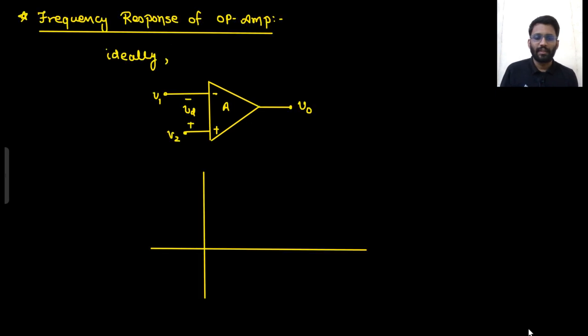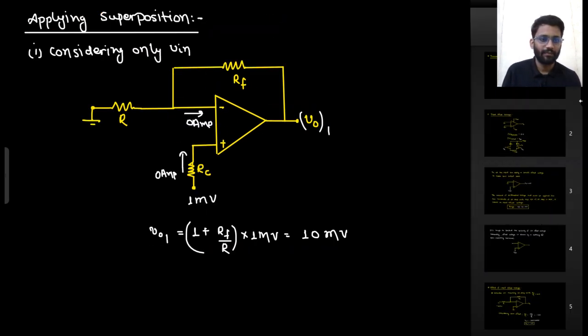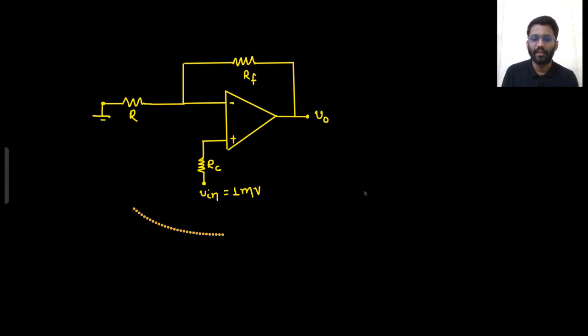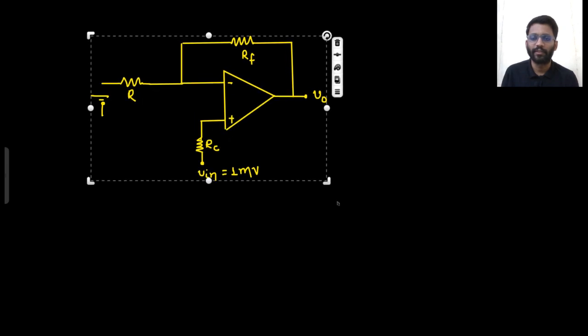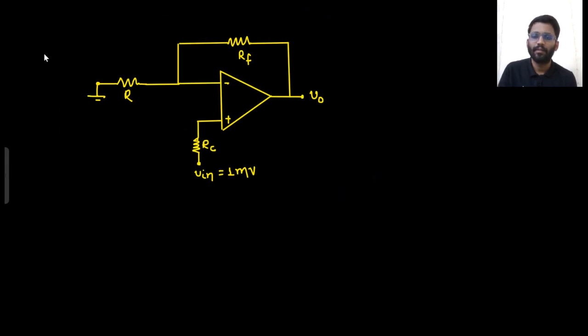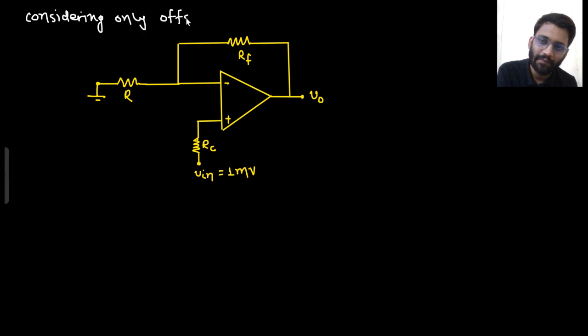Now, what is the second thing we are going to consider? This question will clear your concept from the scratch. Now I am going to consider only the offset voltage. What did I tell you?